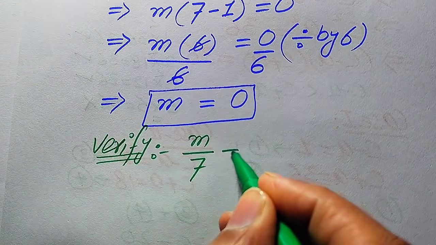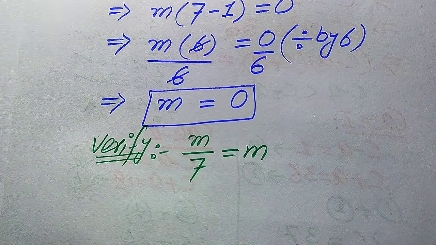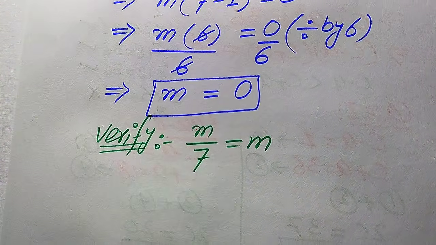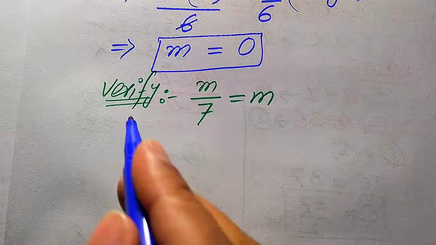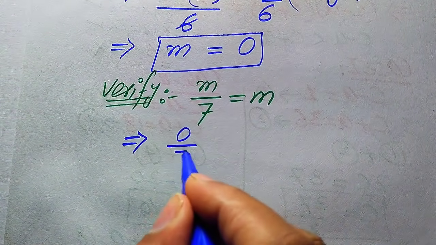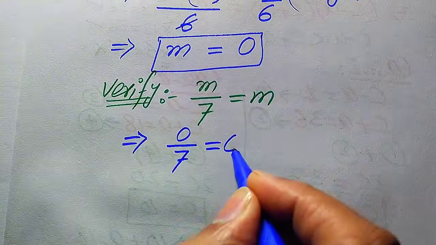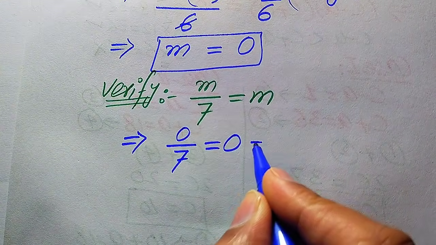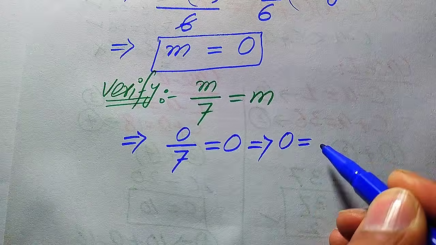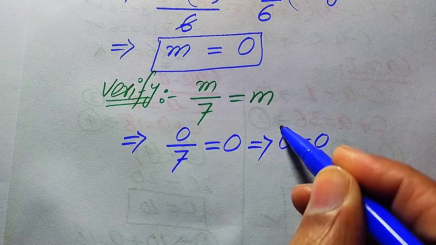Here it is m divided by 7 is equal to m. Now we substitute the above value m equals 0 on both of the sides of this equation, and it will be written as 0 divided by 7 is equal to 0. And this implies that 0 divided by 7 becomes 0, equal to 0.